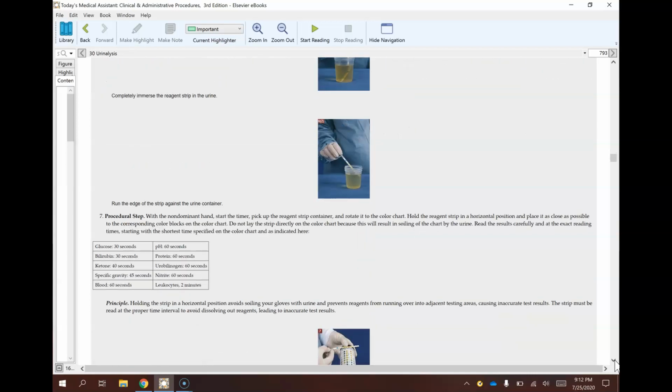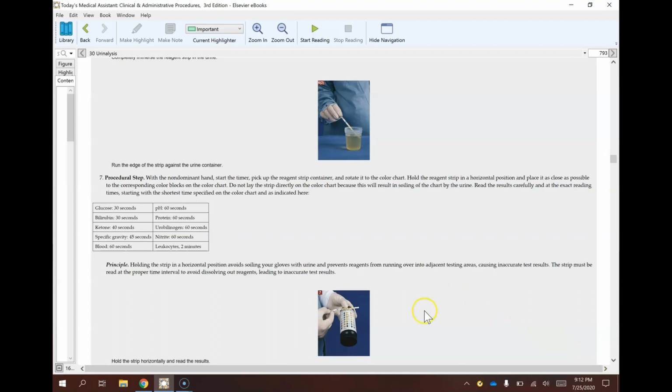So again, this procedure is simply something you have done or will do in the lab very shortly. And this table right here talks about the amount of time that you wait to read the results on the side panel here.